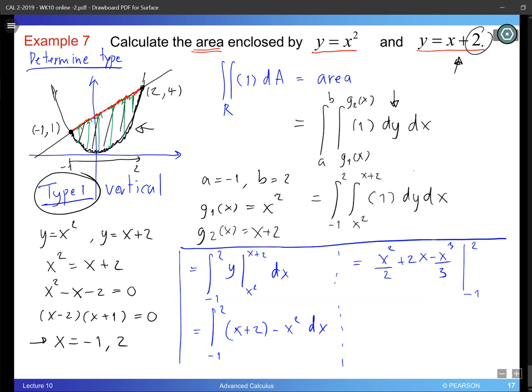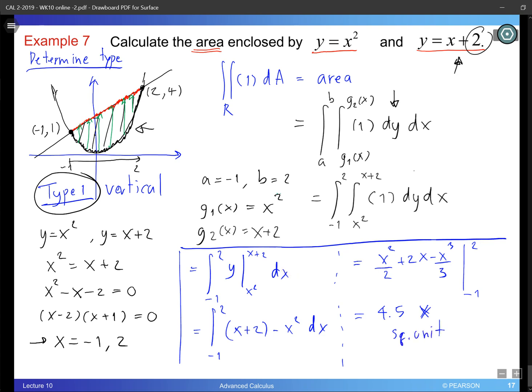I'm going to cheat at this step a little bit by using the calculator. So I plug these numbers into the calculator, and the result I get here is 4.5, and that is the area of the region in example 7. So don't forget the unit here, square units.